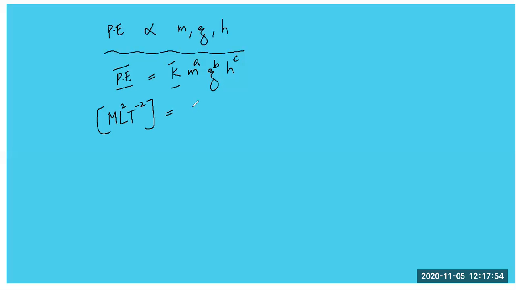M raised to power a. G is LT^-2, acceleration, raised to power b. So what will be h? Yasmin, can you say? H is height. Height is distance, so it will be L, length, raised to power c.